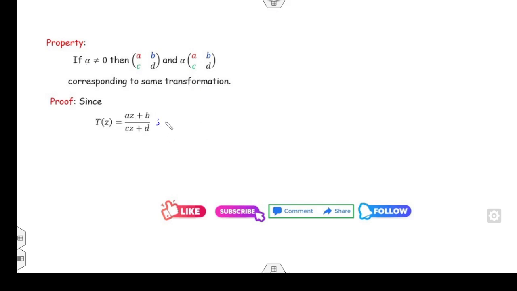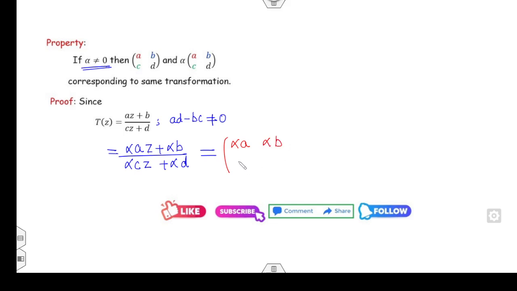If you have the Mobius transformation such that ad minus bc is non-zero, then because alpha is non-zero, I can multiply both numerator and denominator by alpha. Fine. That gives alpha a z plus alpha b over alpha c z plus alpha d. And if you write the matrix format corresponding to this transformation, it's alpha a, alpha b, alpha c, alpha d.